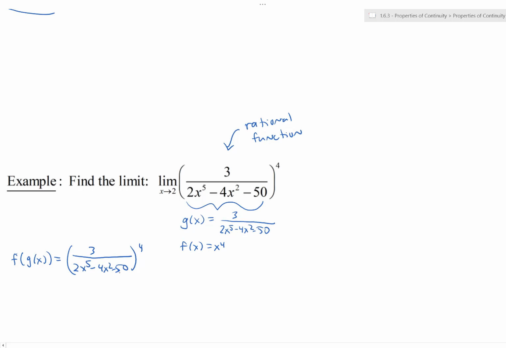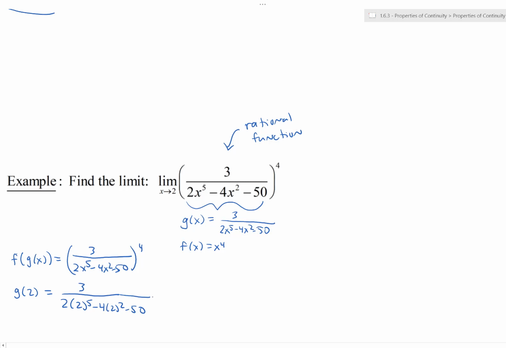So then, first check: what's up with g of 2? Just plug it in. That's 3 all divided by 2 times 2 to the 5th minus 4 times 2 squared minus 50.